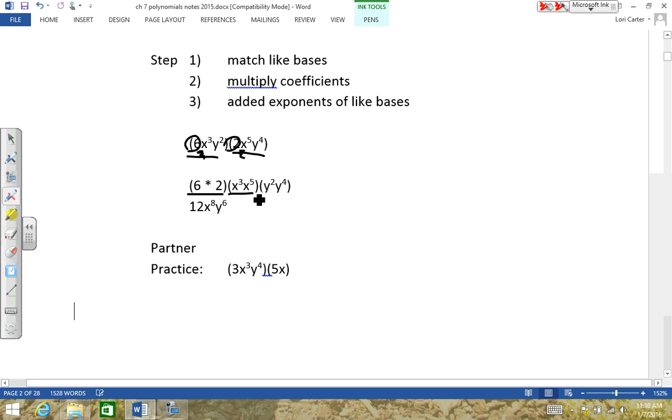So I combine x cubed and x to the 5th. What's the next thing that's the same? Y squared and y to the 4th. What's 6 times 2? 12. X cubed, x to the 5th, that's x to the 8th. Y squared, y to the 4th, y to the 6th. Good.